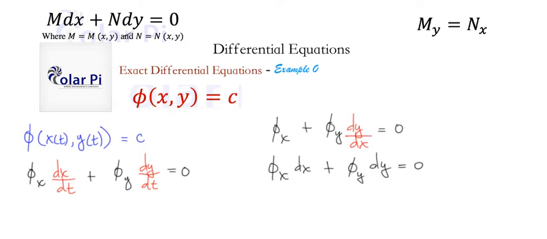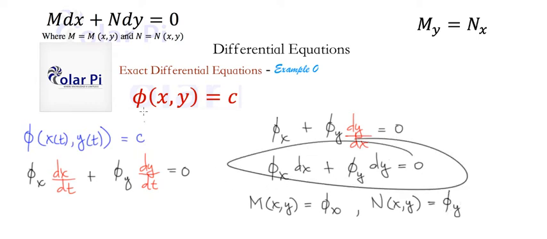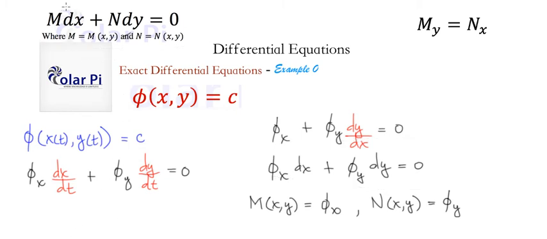All we have to do now is claim that m of xy, or just simply m, is equal to phi sub x, and that n of xy is equal to phi sub y. Then this right here is exactly that, and so we're done showing where this came from.